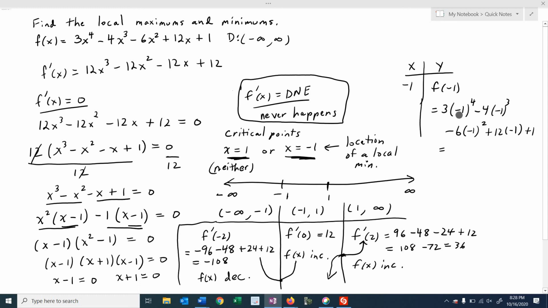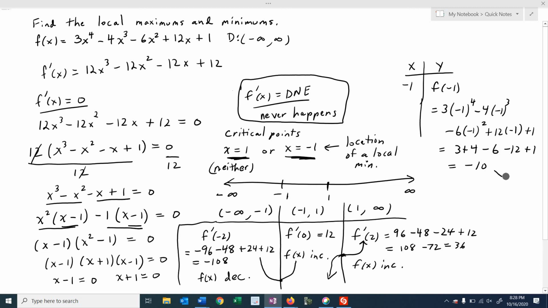Okay, so here you get 3. -1 cubed is -1, but then when you multiply by the -4, you get a +4. And then -1 squared is 1, so this becomes -6. This is -12, and then +1. So it looks like we get 7 minus 6 is 1, minus 12 is -11, plus 1 is -10.